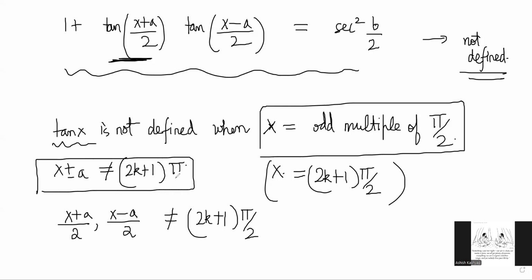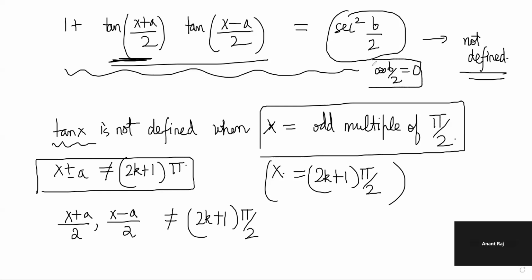If it is equal to this, then the equation itself doesn't make any sense because the left hand side of the expression is not defined. Similarly, sec square b by 2 is also not defined whenever cos b by 2 is 0. Yes sir. So from there also you get the condition that b should not be equal to 2n plus 1 into pi. I hope you are understanding why the conditions are mentioned. Yes, sir. So that is important to realize.